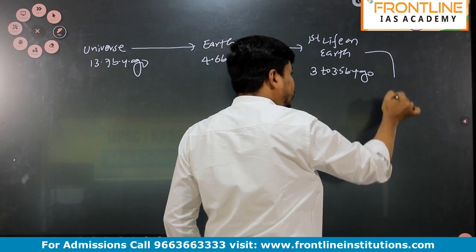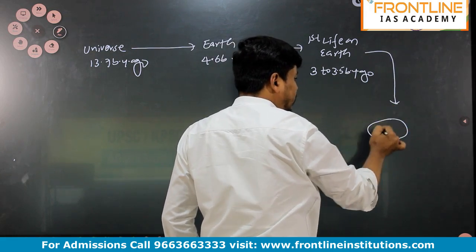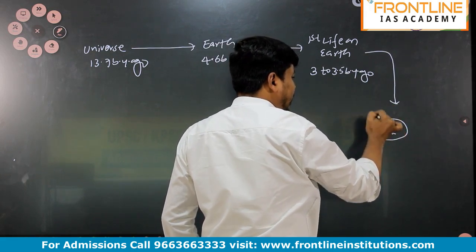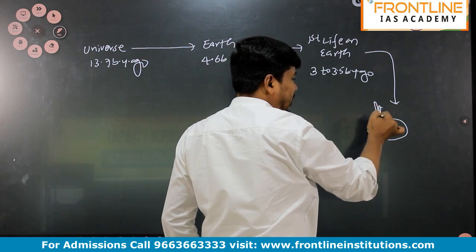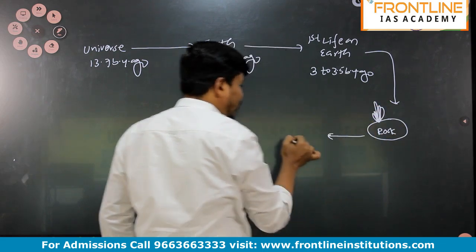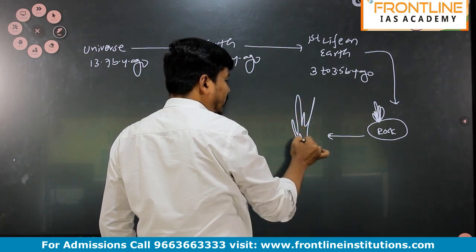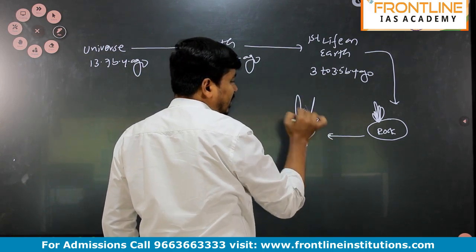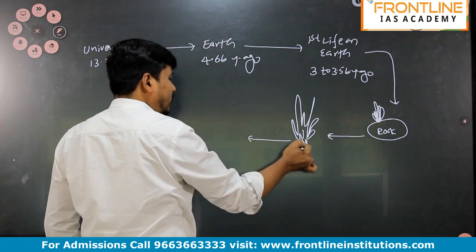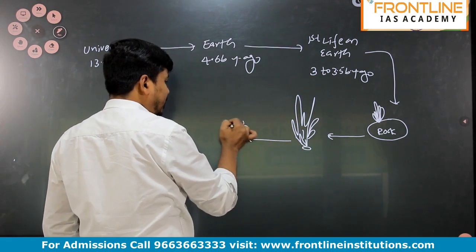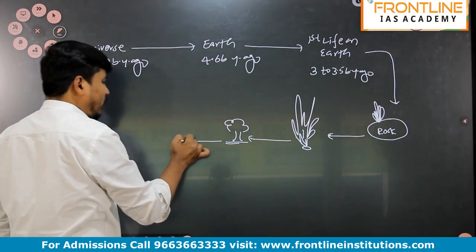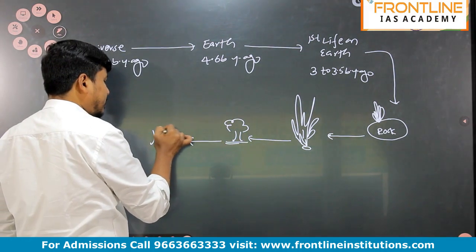Then life appeared on the surface of rocks in the form of lichen, which led to the formation of grass, then trees, and further forests.